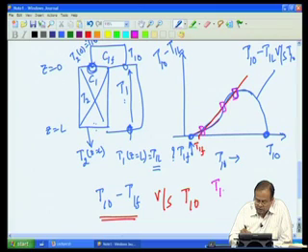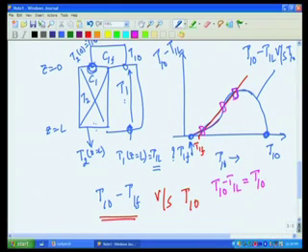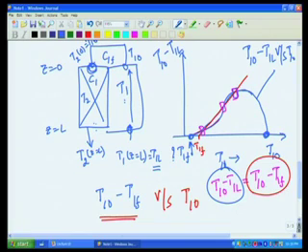It means the intersection point T1 0 minus T1 L is equal to T1 0 minus T1 f, because this is my red curve, this is my blue curve, and intersection points denote T1 0 minus T1 L is T1 0 minus T1 f, or in other words these three intersection points denote T1 L equal to T1 f, which is the solution that we have been looking for.